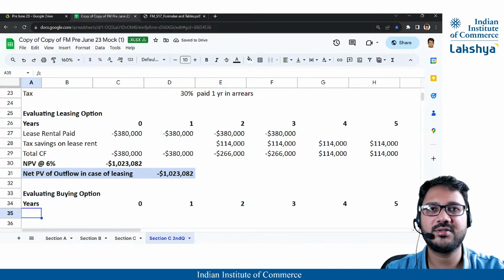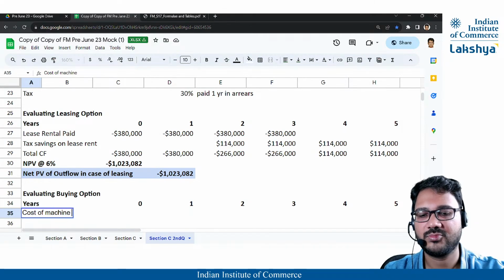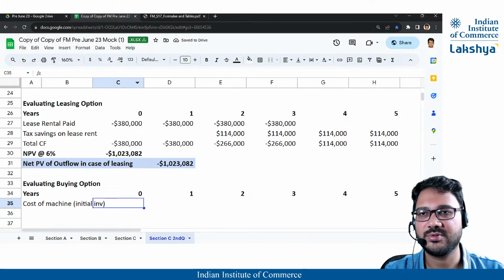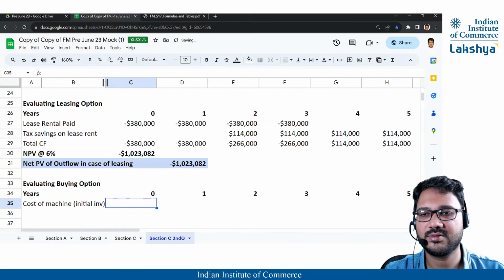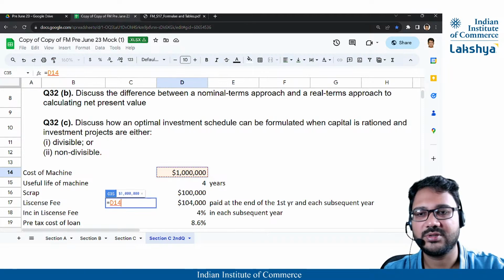Firstly, there will be an initial investment cost. This is initial. So cost of machinery, let me expand this a little, is $1 million. It's an outflow.